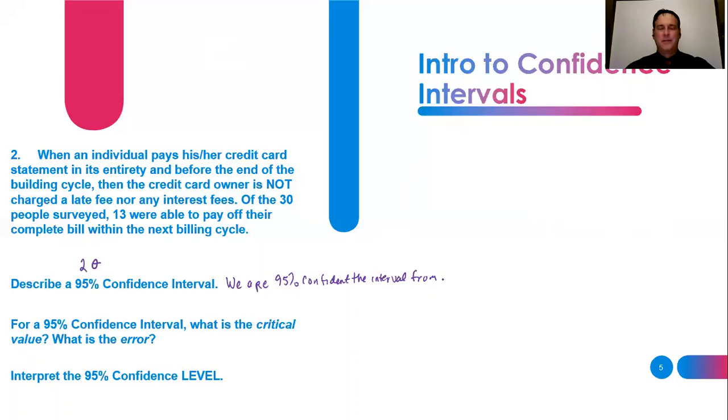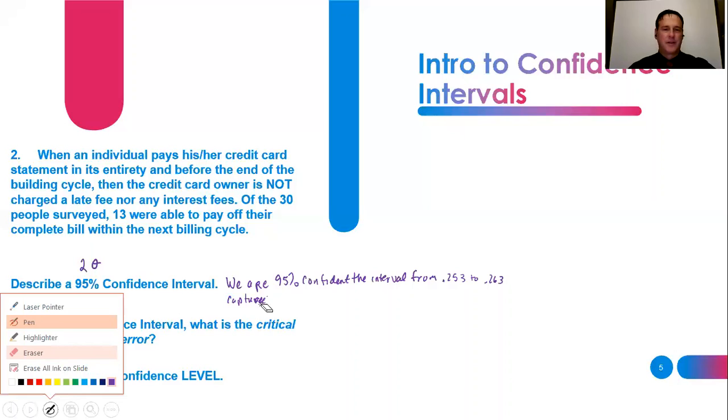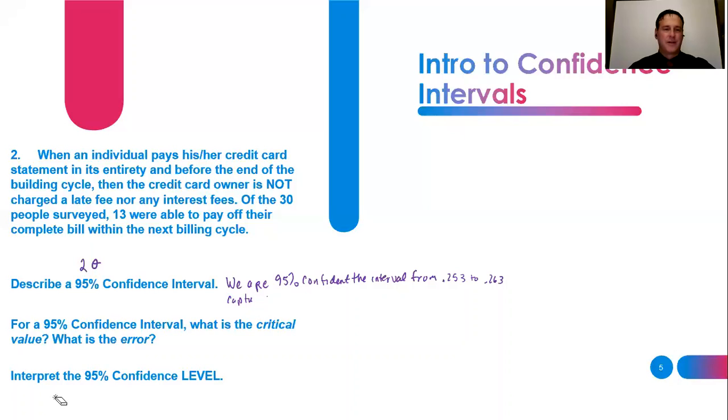From 0.253 to 0.613 captures the true population, and then watch this, I'm going to change something up here.